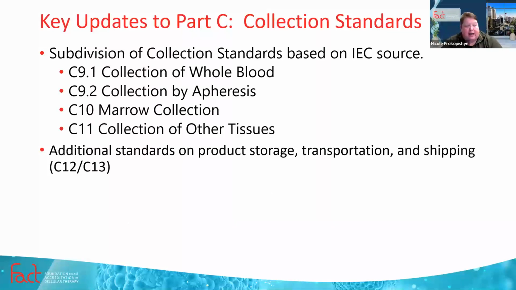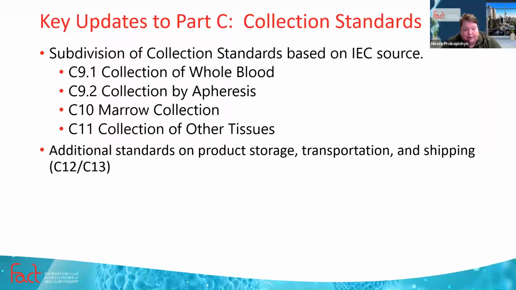Some additional standards changes include a subdivision of collection standards based on IEC source, just to delineate and show that there is a separation and often different requirements for some of these products. So C9.1 is collection of whole blood, 9.2 collection of apheresis products. So those all fall under peripheral blood collection.